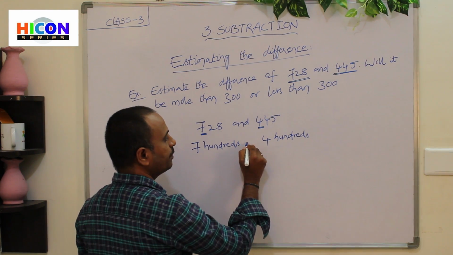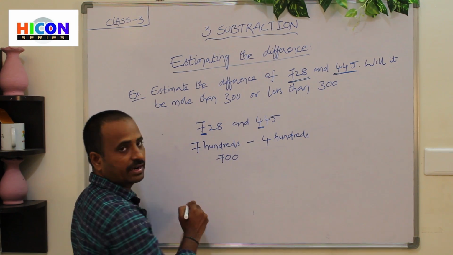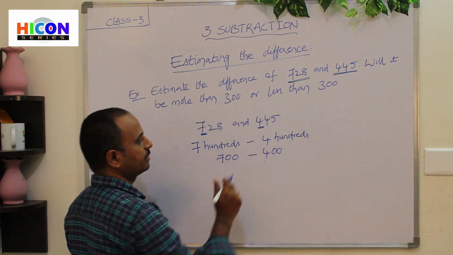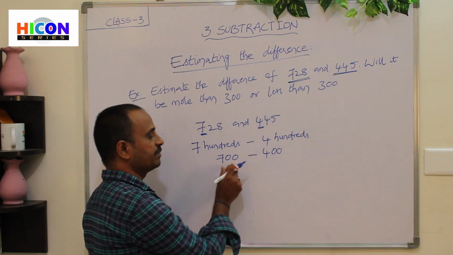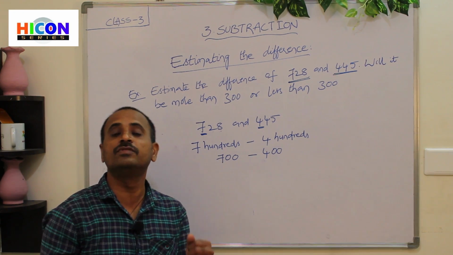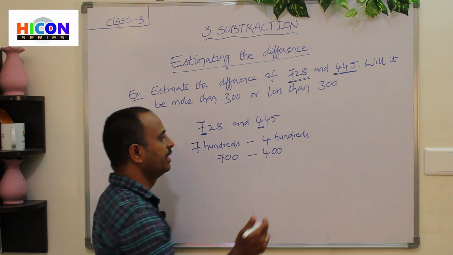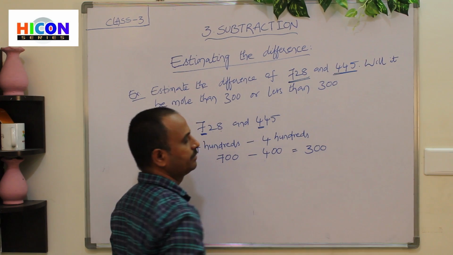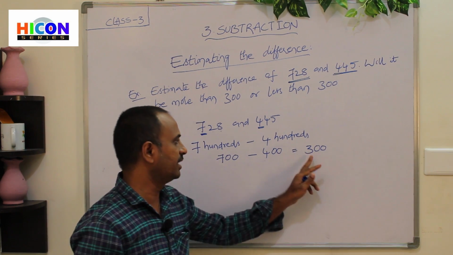Difference means subtraction, that is minus. 700 minus 400. If we subtract 400s from 700s, how many hundreds will we get? 300s. So approximately we will get 300.